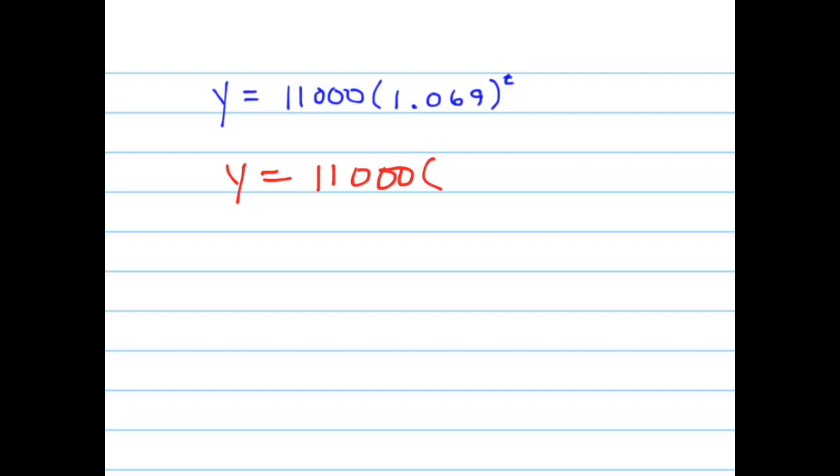Now, I don't know anybody that can do 1.069 to the 20th power in their head in under an hour. So plug that into your calculator. You can plug it right in just like that: 11,000 times 1.069, and then use that little caret button to the 20th.